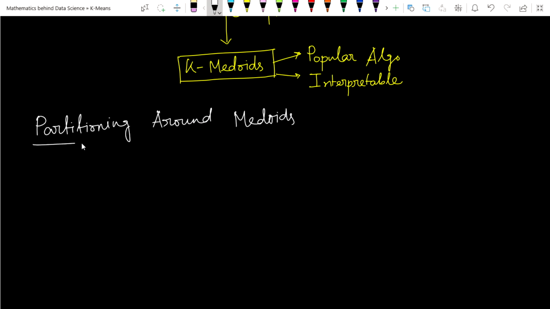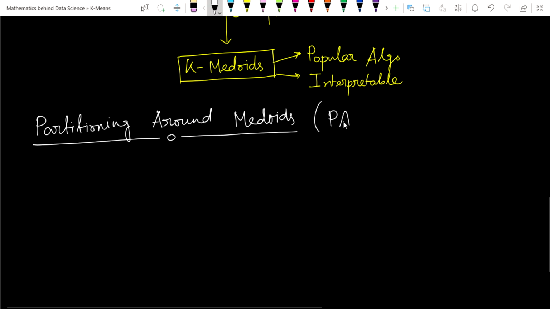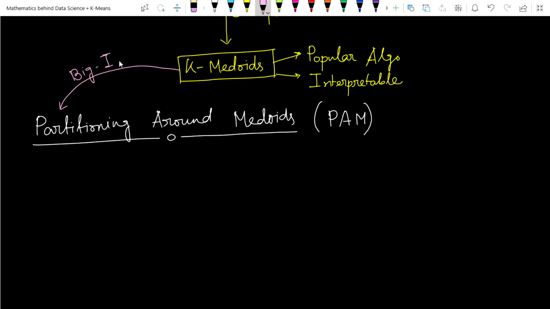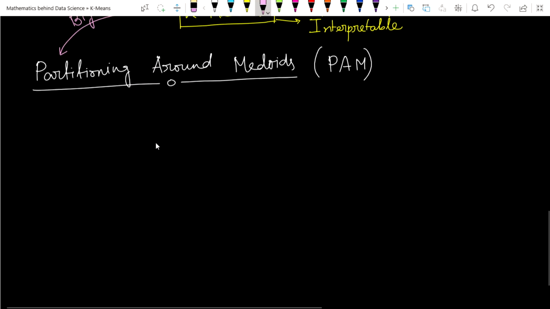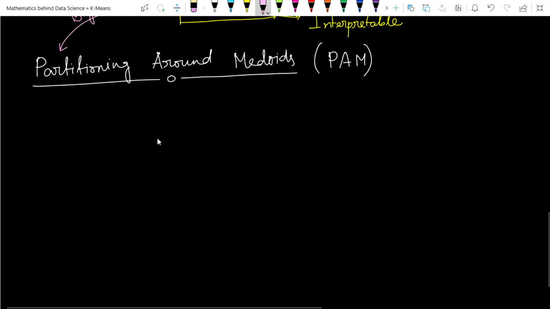This technique we have to use. In short, it is called PAM. The big idea behind the PAM technique is to compute the K-Medoids.